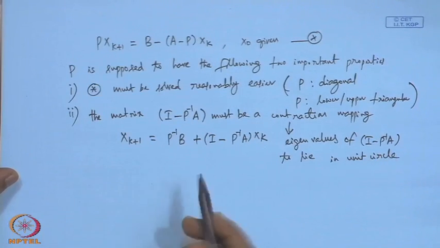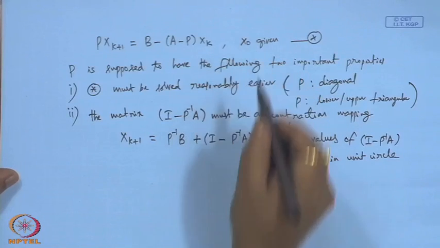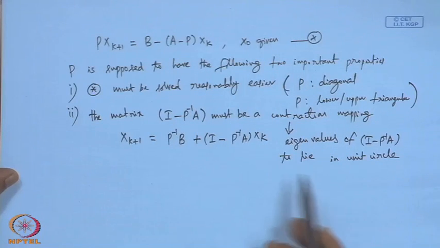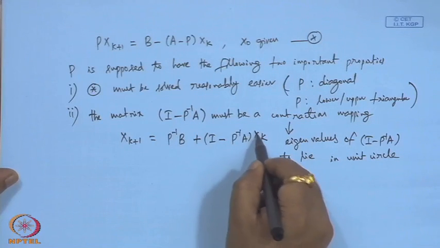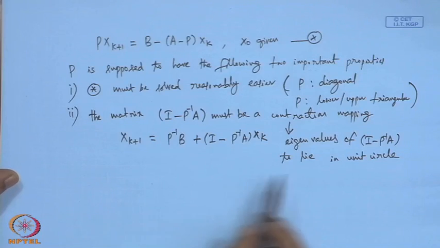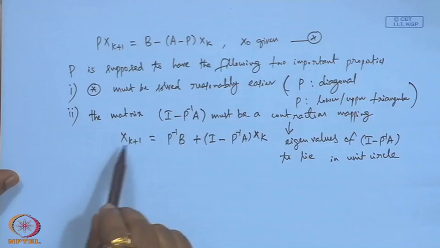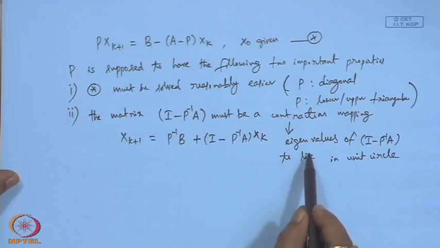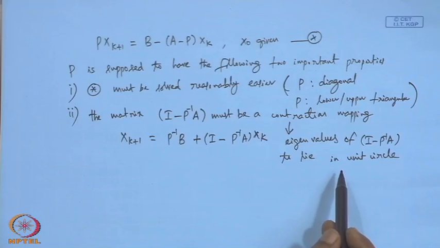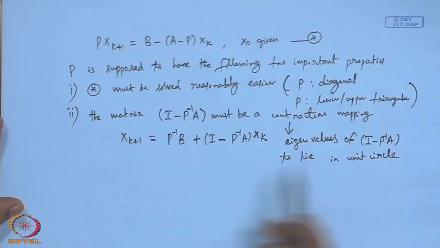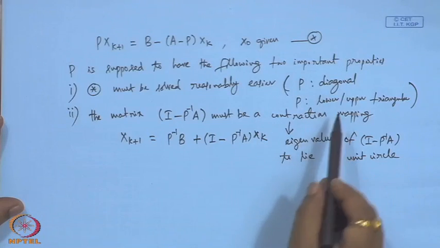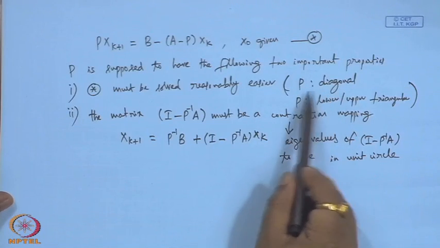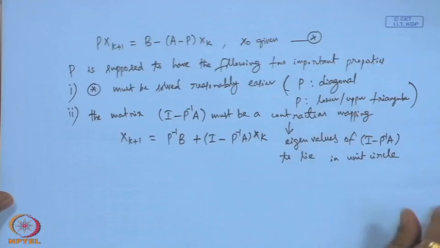I am not discussing the complete theory, because you can see any book on linear algebra. So this must be a contraction mapping, that means the eigenvalues of this must lie in the unit circle. Let us see a couple of methods which have this kind of structure.